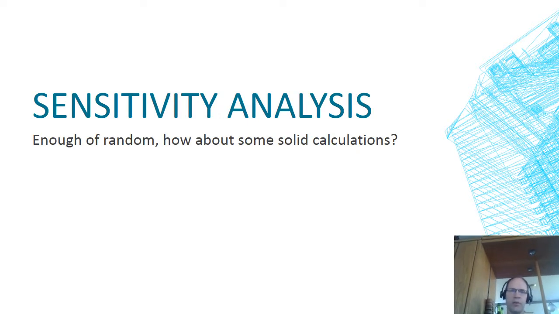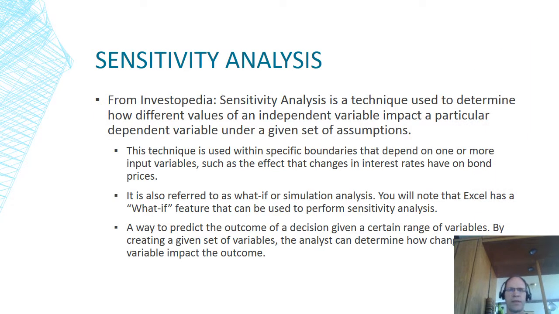Let's move on to sensitivity analysis, which is not really a stochastic method, or doesn't have to be a stochastic method. In fact, the demonstration that I'm going to show you just has some solid calculations. But what is sensitivity analysis? Well, it's a technique used to determine how independent variables impact dependent variables under a given set of assumptions.